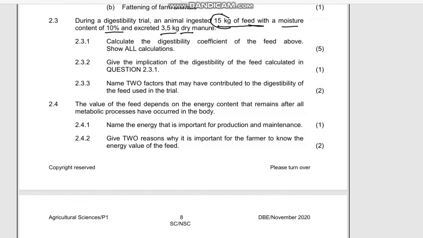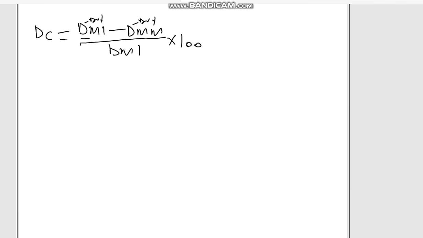So we're going to calculate our DMI, which is 15 kg multiplied by 10 over 100, which is going to be 1,5 kilograms. That means in this 15 kg, we have 1,5 kg of water.